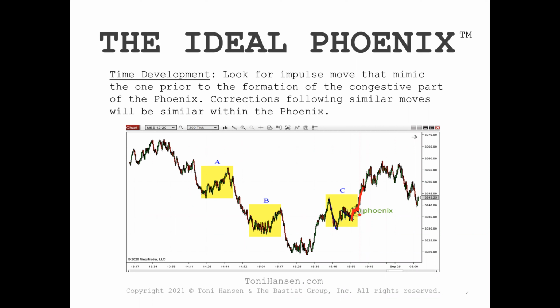So by the time this goes, we're looking at the target based upon the larger Phoenix measured move, but you're using risk levels based upon the smaller Phoenixes. So this is the ideal type of situation. And again, pay attention to how long our corrections are taking, because that's going to give you a good idea for how long we need to wait to get a good buy setup coming in.